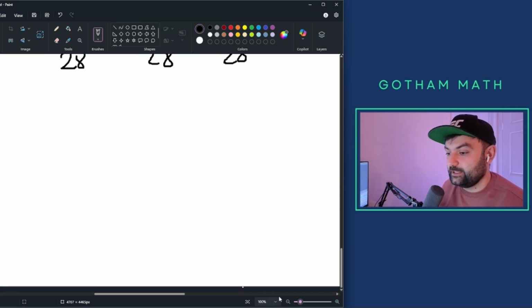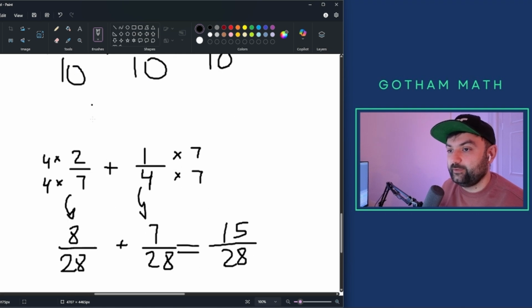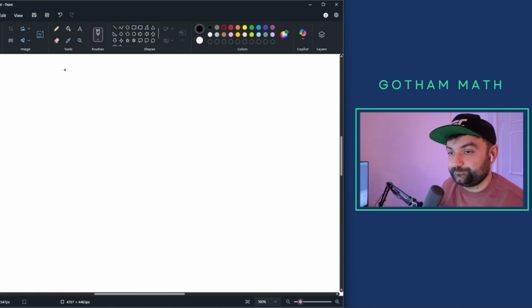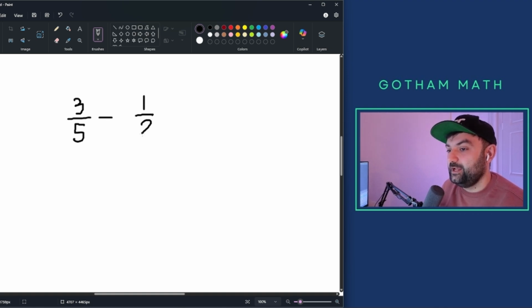So let me go to the empty space, and let's say we're having 3/5 minus 1/2. Why not? All right, so the first fraction, I'm going to multiply top and bottom by what?